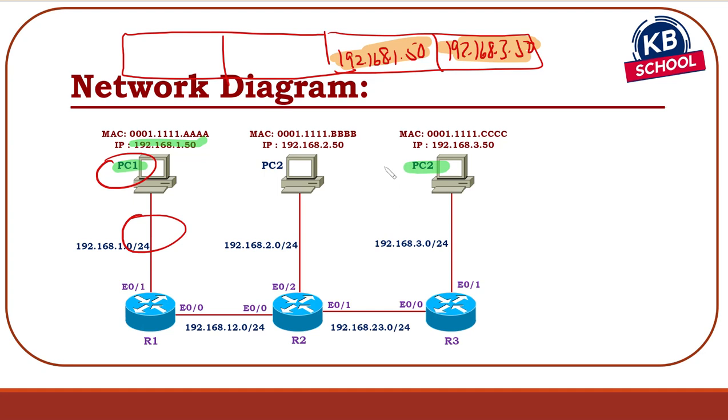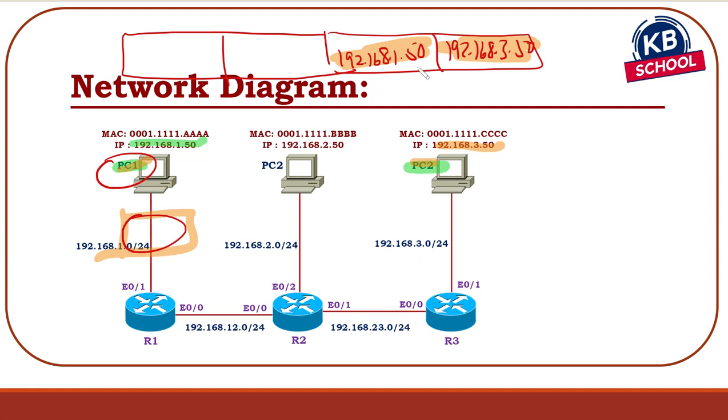If they're on the same network, I need to look at my layer 2 locally, so I need to find out the MAC address for that destination. But if they're not on the same network, I cannot communicate from PC1 to PC3 using the MAC address, because the MAC address is only within my own local switched environment. This switch over here would not have any idea about the MAC address of PC3.